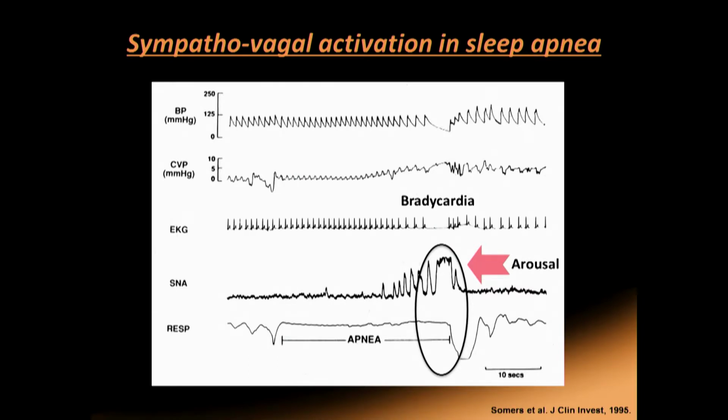But if you look at this time at heart rate in those patients, you can see that sympathetic hyperactivation is not associated with tachycardia, but is mainly associated with bradycardia up to complete AV block. And this suggests that you have parasympathetic and sympathetic activation at the same time, which might be highly arrhythmogenic.